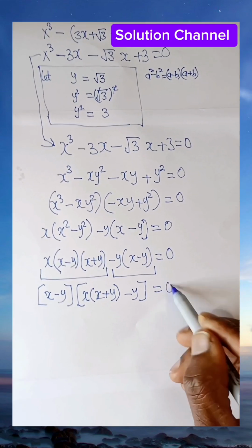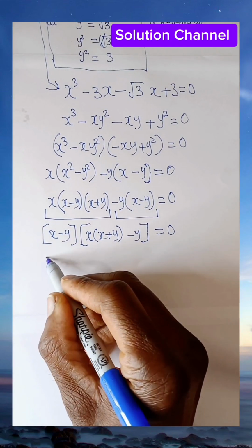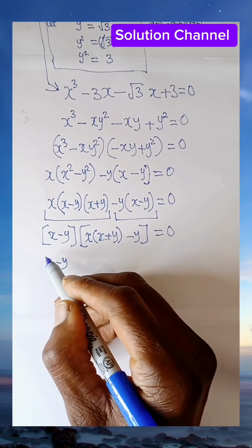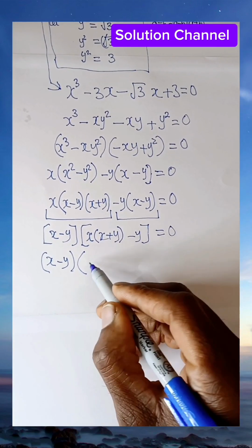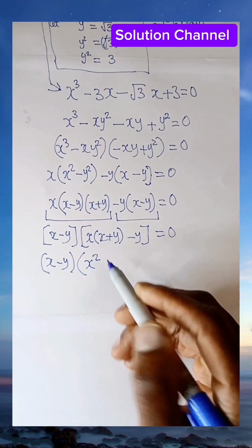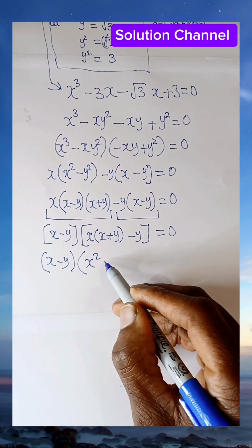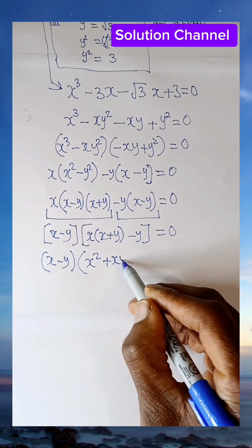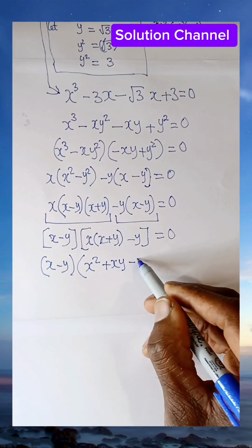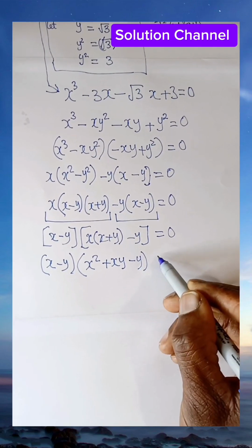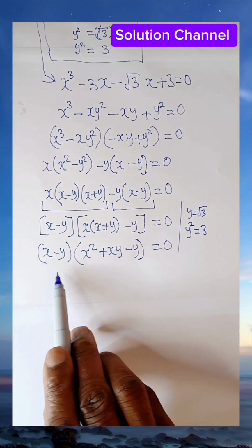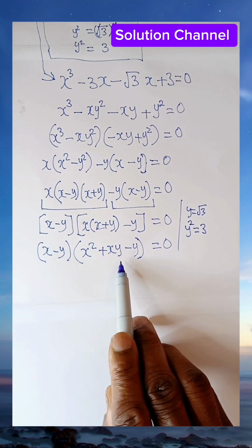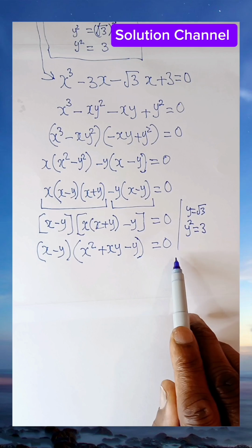And this is equal to 0. We have x minus y times x times x will give us x squared. x times y will give us xy. And here we have minus y. And this is equal to 0. We have two factors on the left hand side. x minus y times x squared plus xy minus y is equal to 0.